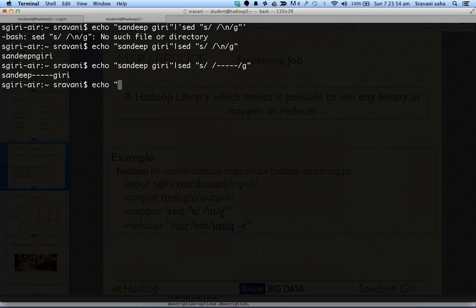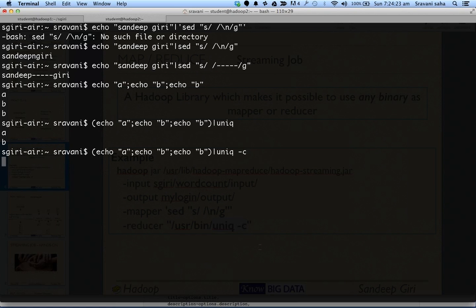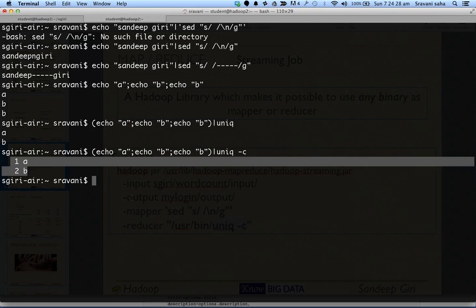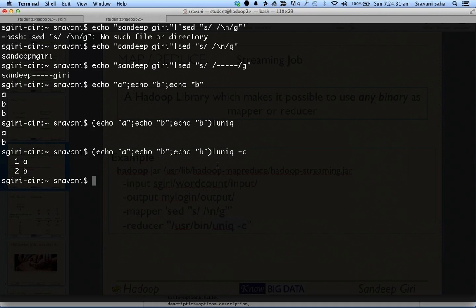If you say echo A, echo A, echo B, echo B again, you get A, A, B, B printed. If you pass this input to uniq, you only get the unique values. If you use uniq -c, it gives you the counts of each letter in the input, provided the input is sorted. If the input is not sorted, it gives strange results.